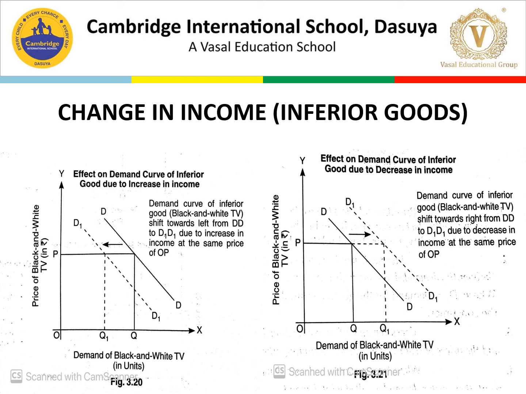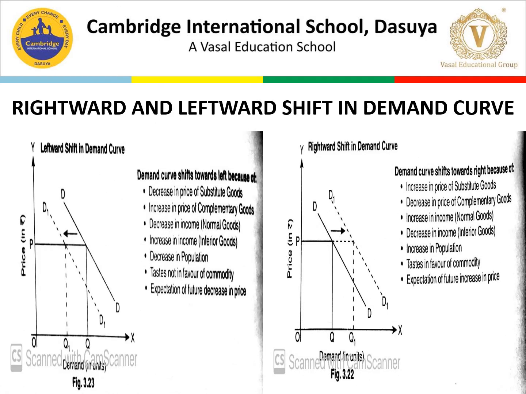Fine. Next, let's move on. When we talk about rightward and leftward shifts, we have already covered this topic earlier and you already know the diagram, but here we have to discuss the reasons.